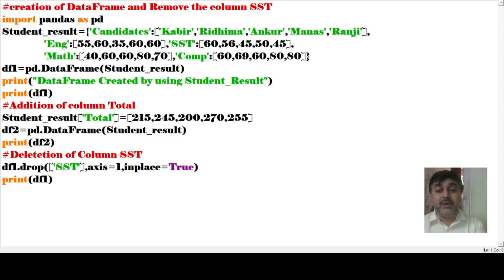This is the structure I have constructed. In this particular structure, at first and foremost I have created one dictionary. In this dictionary we have the student result, the candidate, then the names of the candidates, and after the candidate names the other entries are given in a series, in a particular pattern.